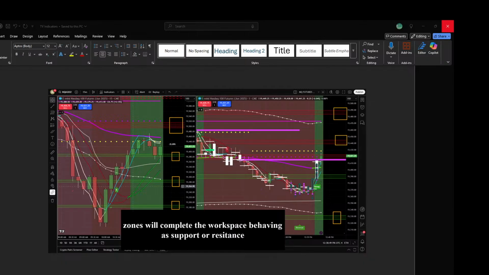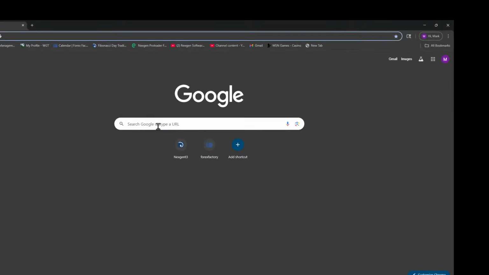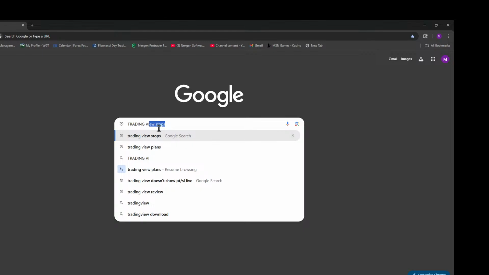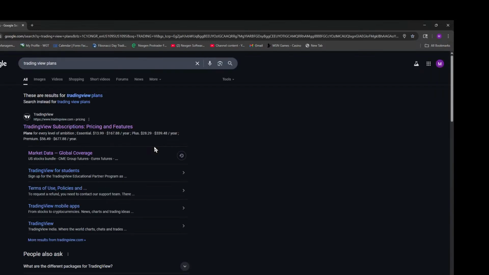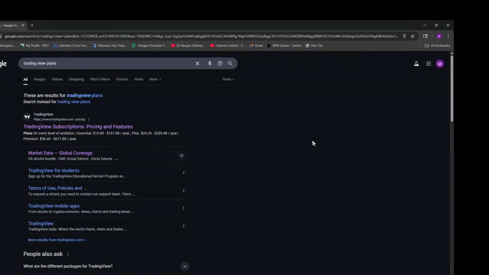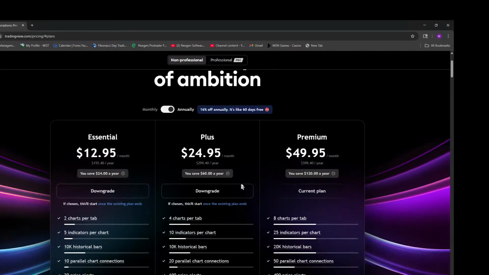So TradingView, let me show you. Oops, wrong one. TradingView subscription prices and features. There are three levels you can get, and David, you are liable for this cost. I use Premium because I use Market Flow, and you have to have Premium in order to use it.